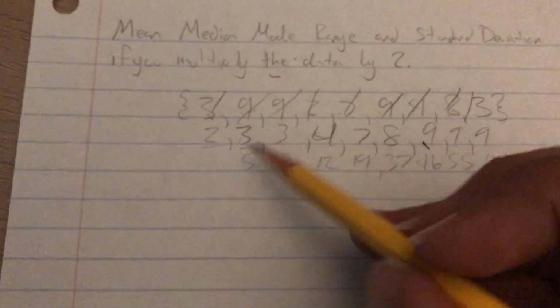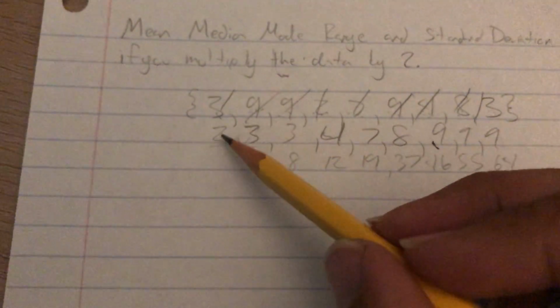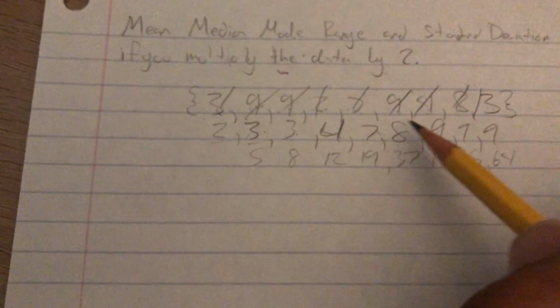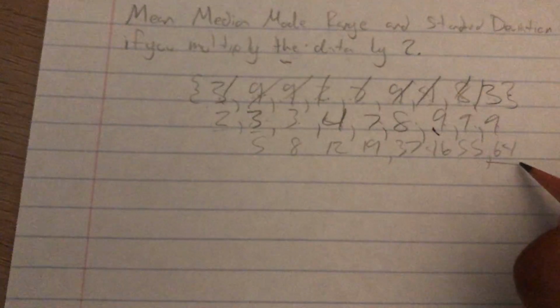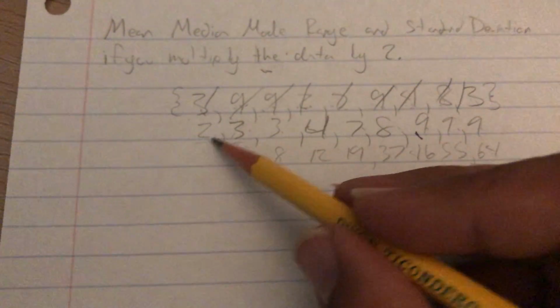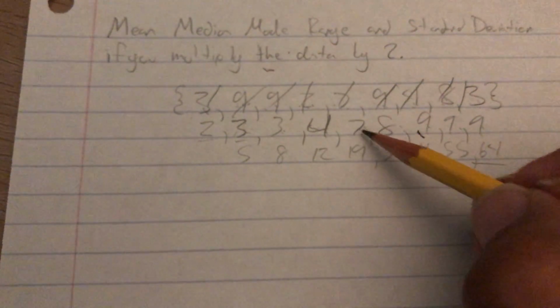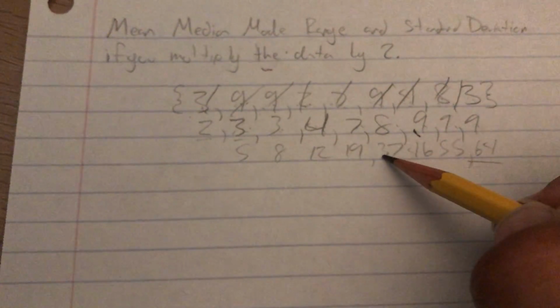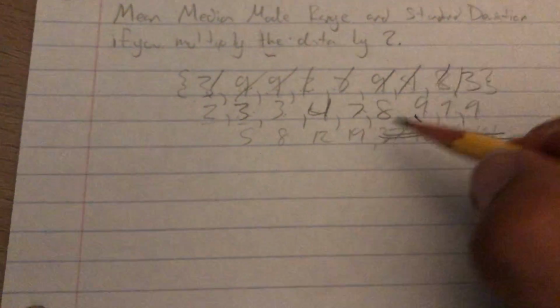Did I do this right? 64 divided by 9. Let me just double check my numbers here. 5, that'll make 8, plus 4, that'll make 12, 19. There's my mistake. See? Gotta find your mistakes, people.